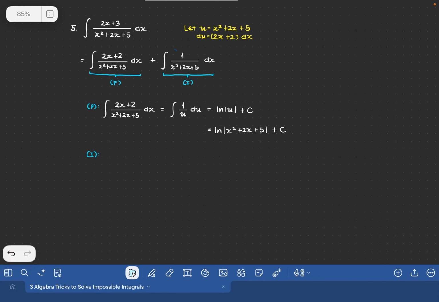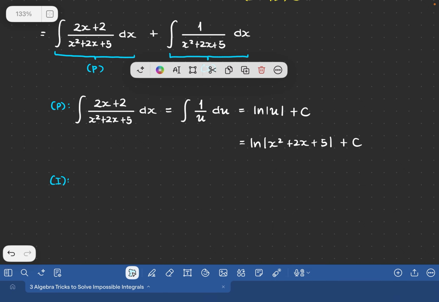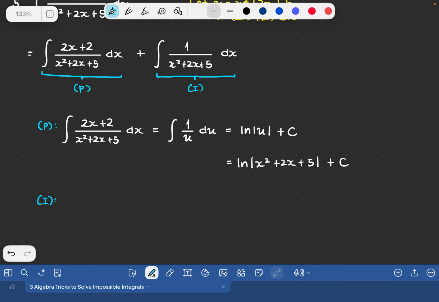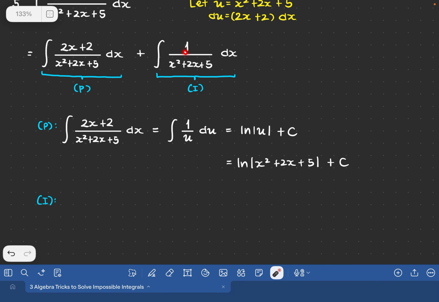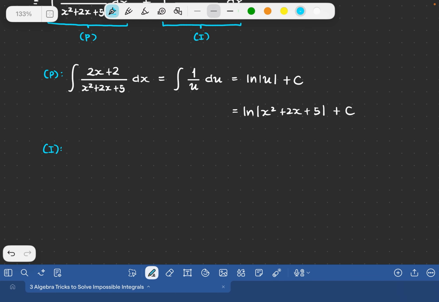For I, we'll deal with this thing out here. Again, since we have a form of constant all over this quadratic, we will be applying completing the square.